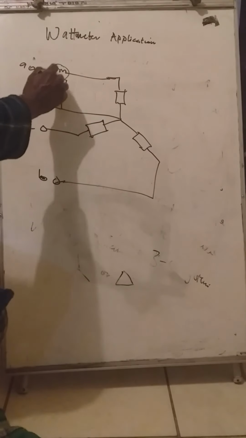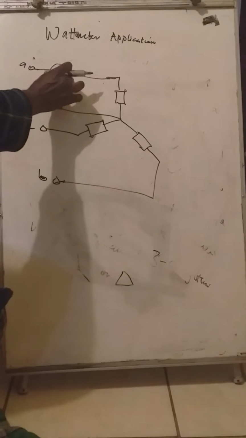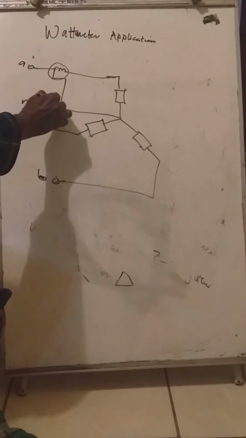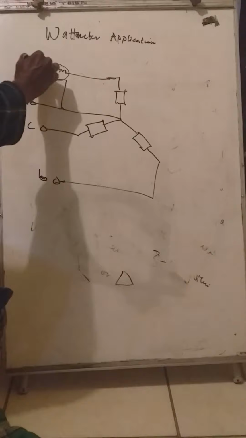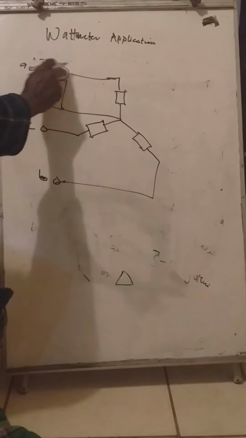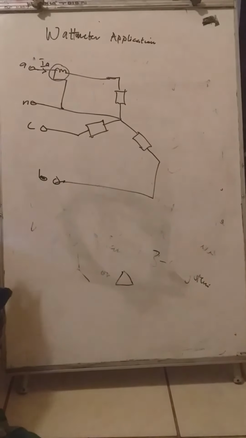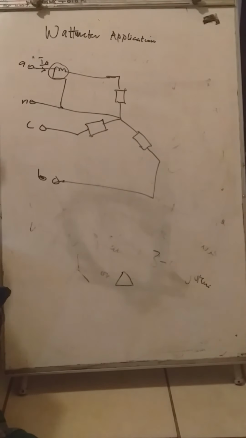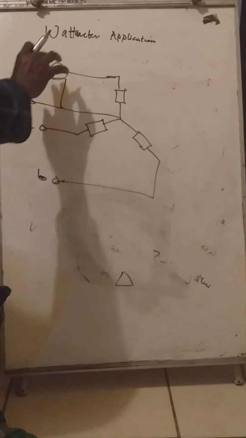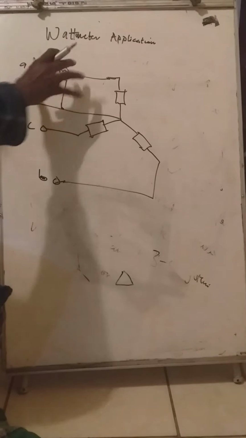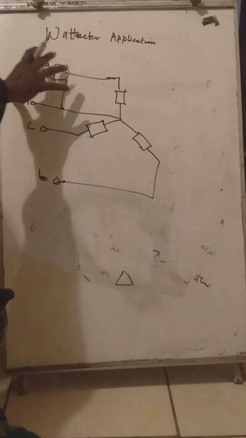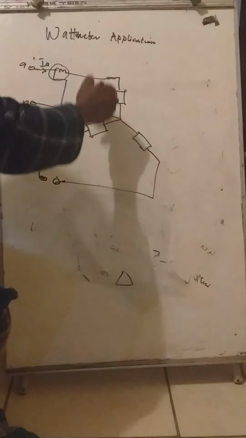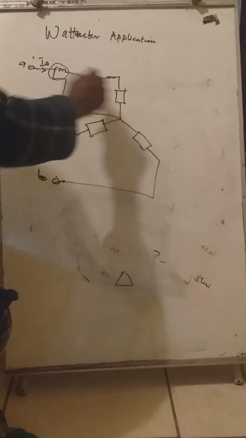We connect the voltage leg of the wattmeter to the neutral wire, while the current coil is connected to line A. So, looking at this figure, this is one wattmeter only, and you want to use it to determine the total power in this load.